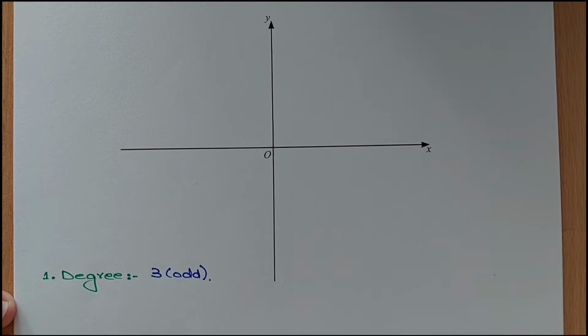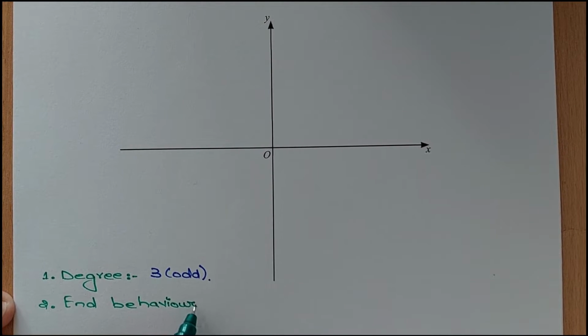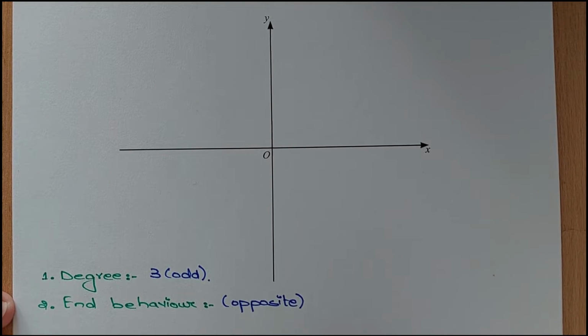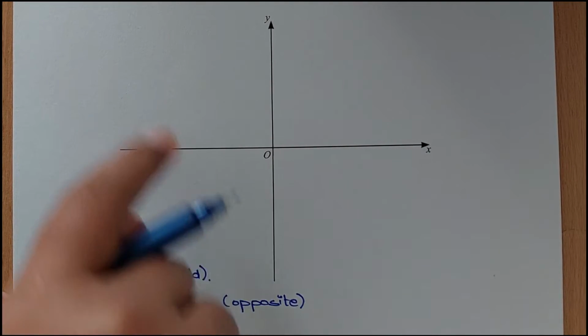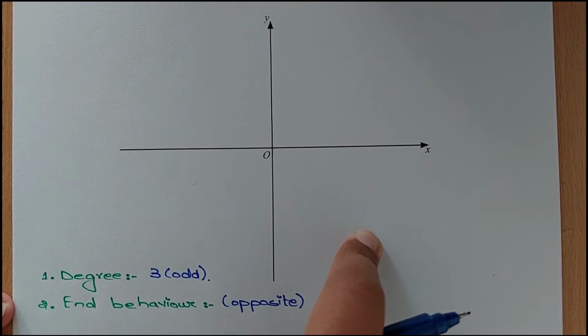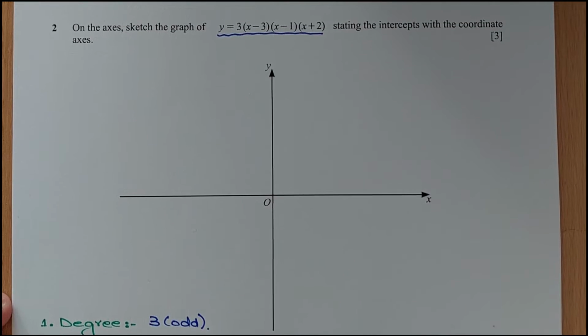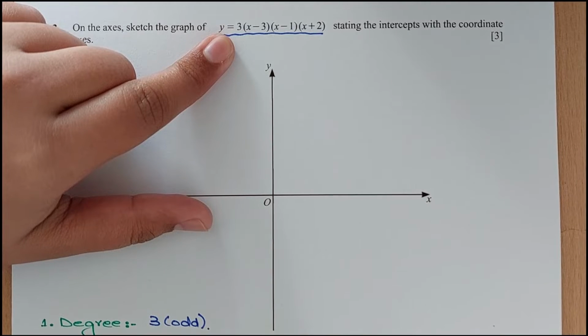So we can say that this is an odd degree polynomial function. Right. Now the second thing, we need to find the end behavior. End behavior means the graph extends from which quadrant. So when the degree is odd, it has opposite end behavior. Opposite end behavior means the graph extends from first to third quadrant or second to fourth quadrant, depending on the sign of the leading coefficient. So what is the leading coefficient over here? Leading coefficient is 3, right?